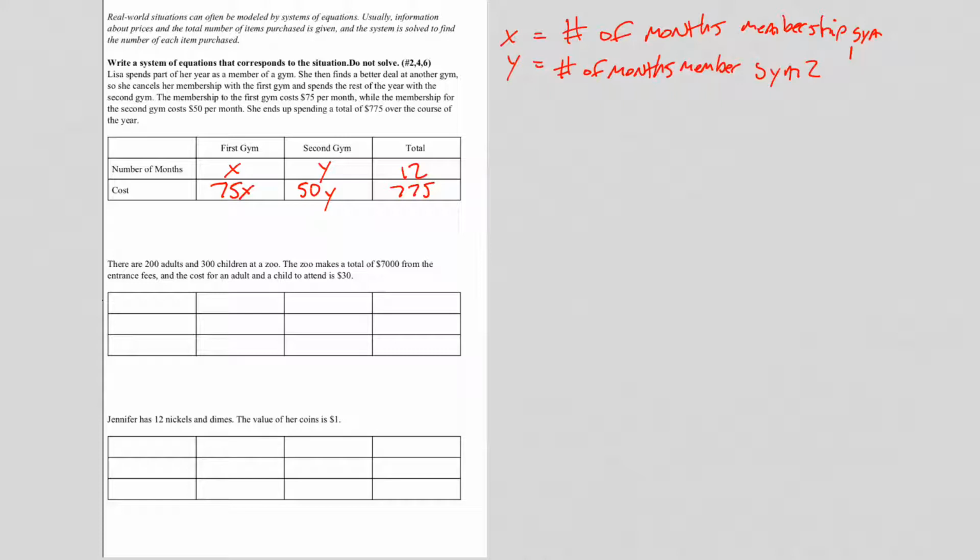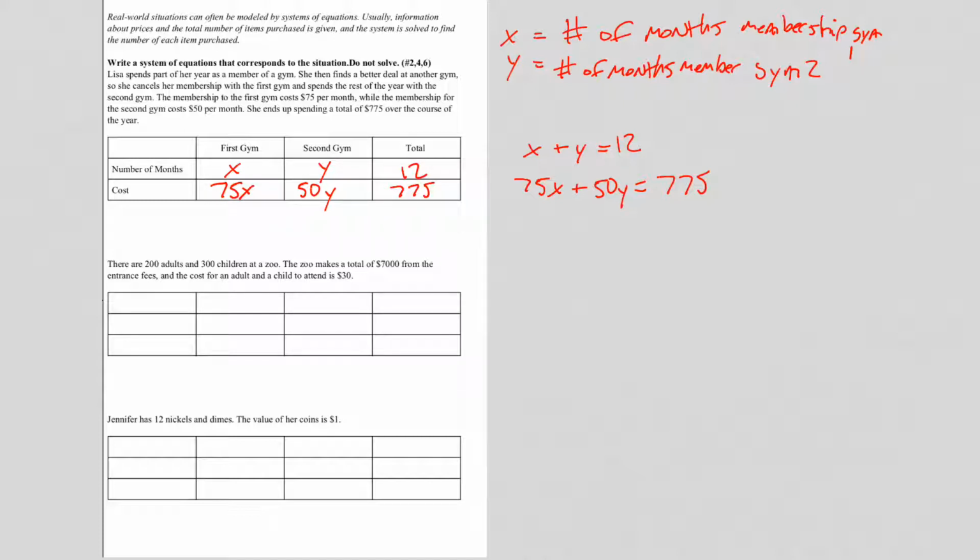So essentially you have two equations, right? X plus Y equals 12, and 75X plus 50Y equals 775. And from here, you could begin to solve. But for now, we're just going to basically try to set up the equations. So this is the first example.